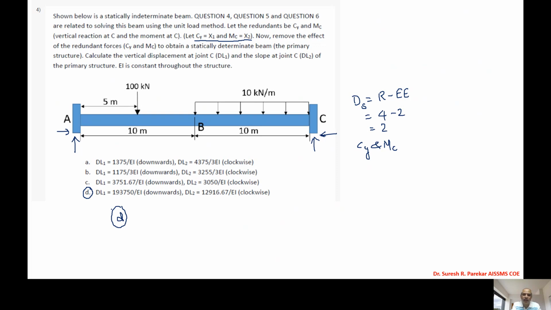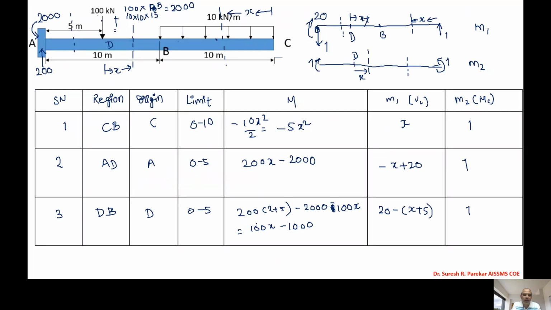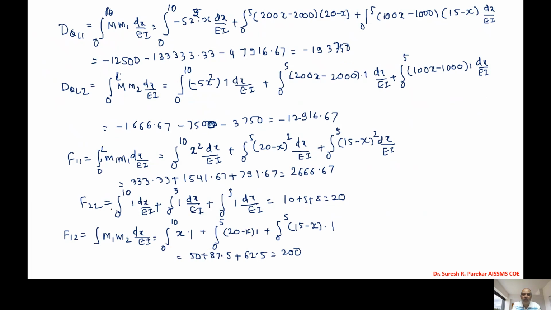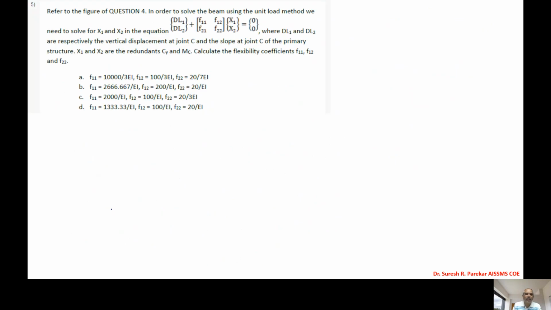Because minus we have therefore downward, and minus because we have assumed anti-clockwise, and minus means clockwise. Then we have next values f11 we have 2666.67, then f22 is 20, so we will see 2667, then we have 220. Option for 5 is B.